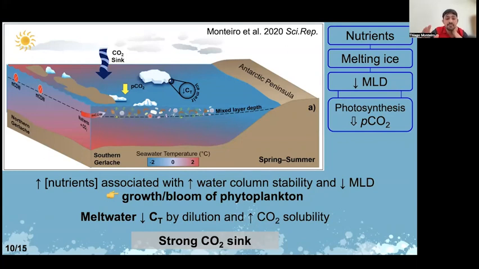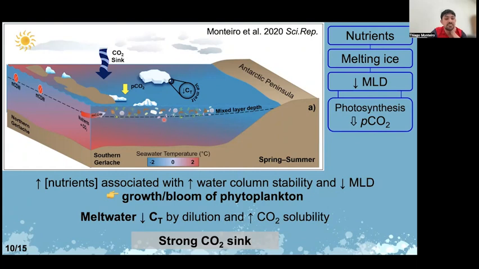And this is a very good environment for phytoplankton growth and the phytoplankton bloom, as we can observe from other studies. And this leads to the decrease in the partial pressure of CO2, the pCO2, and therefore the region behaving as a CO2 sink.